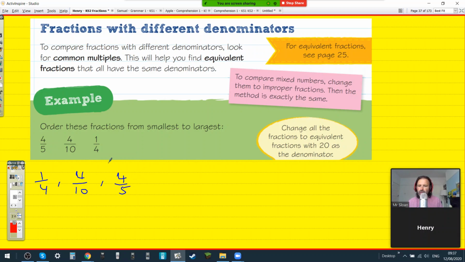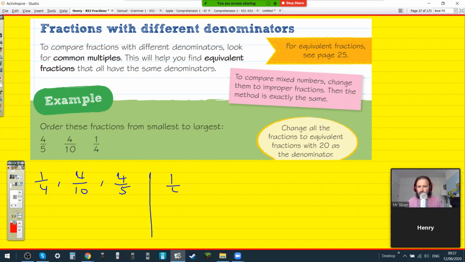And how do you know? Because I had to find the common denominator for all of them. So I times 4 by 5 to get 20. So I times the one quarter by 5.